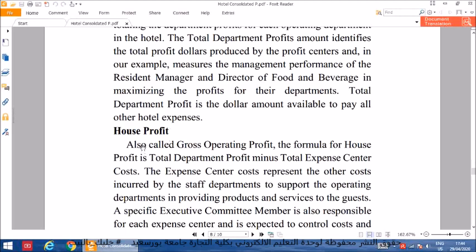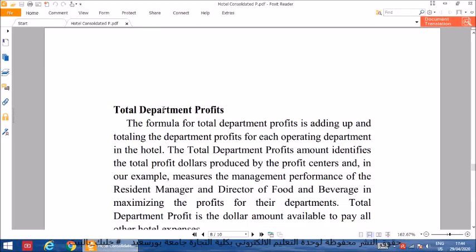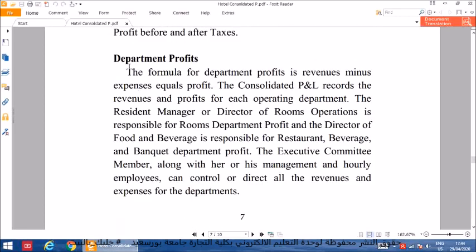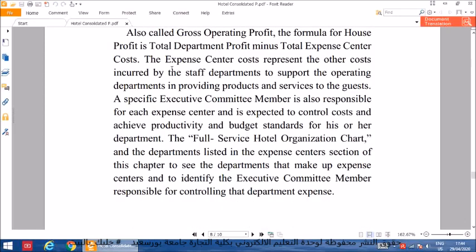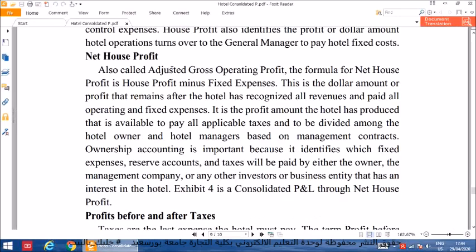House profit depends on total department profits. Total department profits depends on department profits.